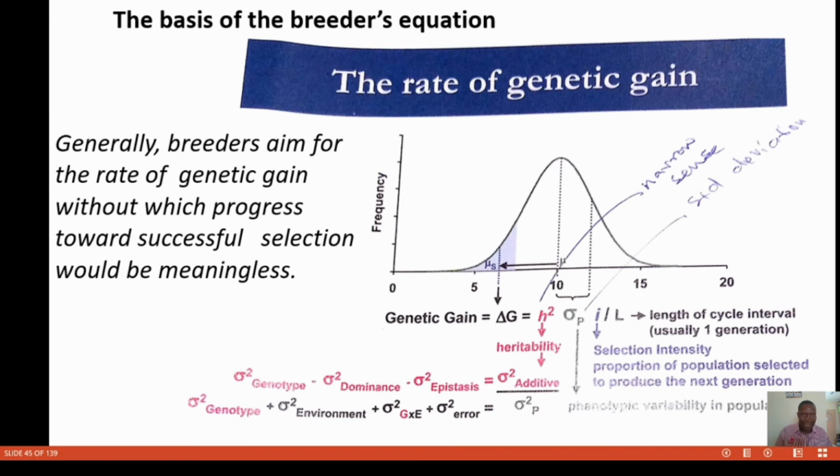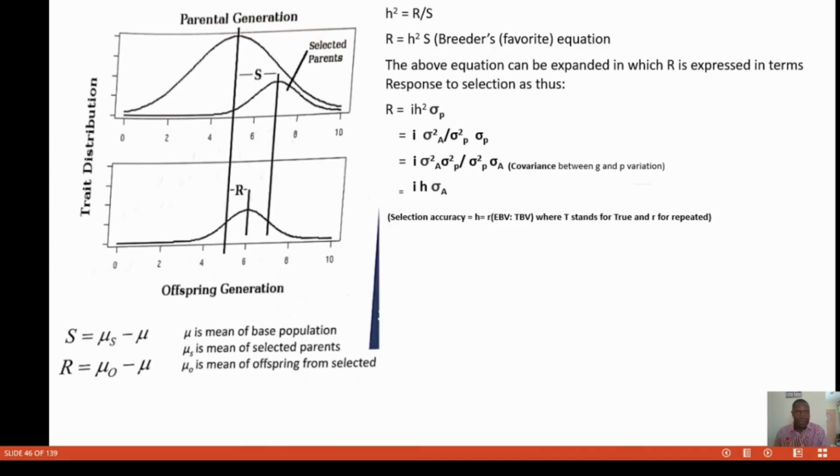The rate of genetic gain is represented by that formula. Please don't leave this section without understanding that formula related to the rate of genetic gain. All right?